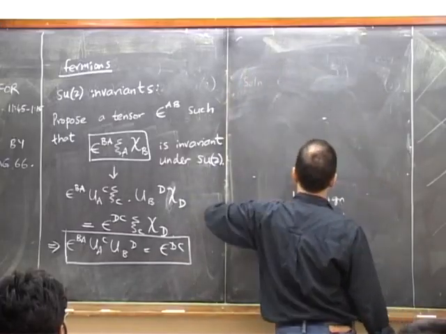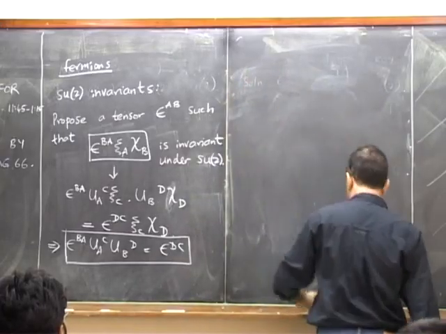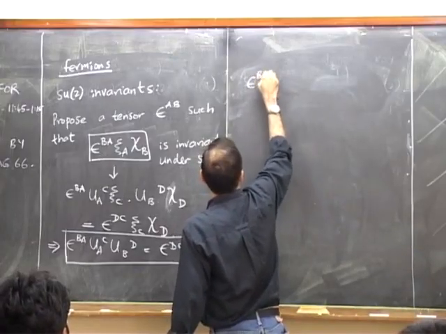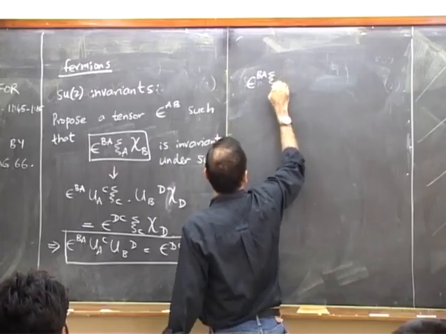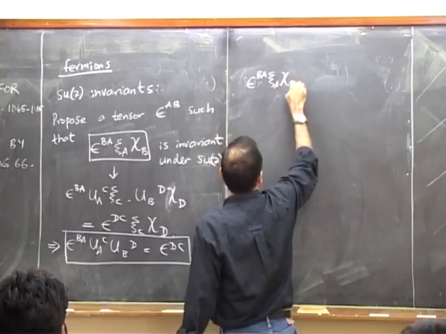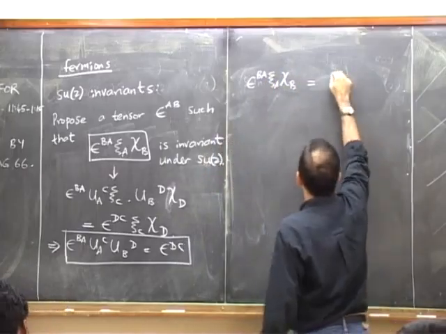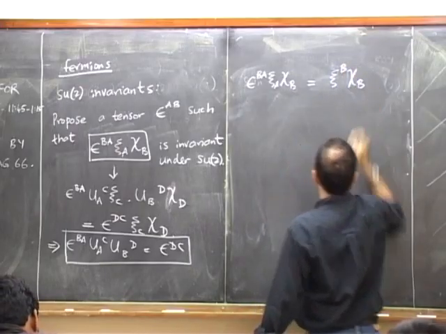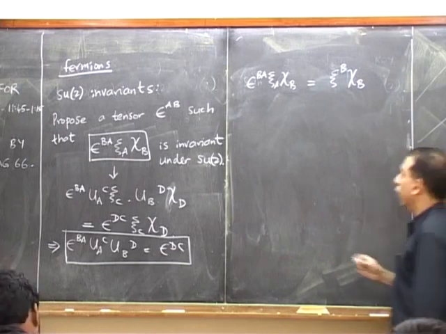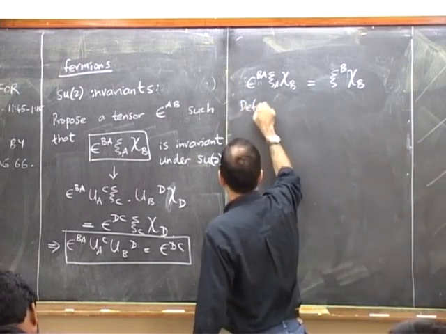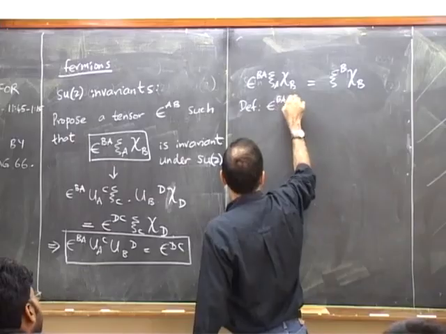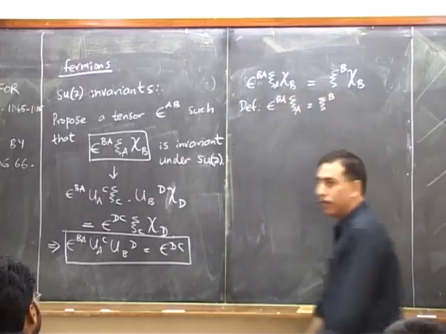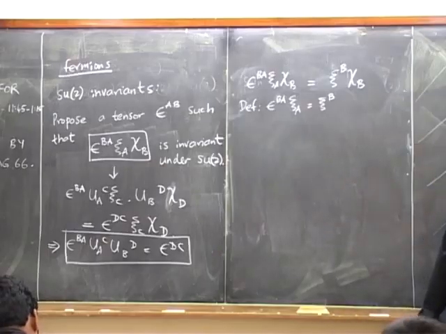And this motivates us to write the invariant epsilon BA psi A chi B as psi B chi B, where by definition epsilon BA psi A is psi B. Okay.